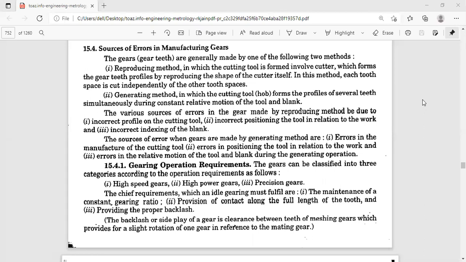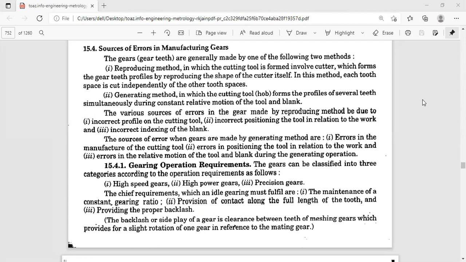And the second one is the error or incorrect positioning of the tool in relation to the work. So as far as the tool is concerned, in the generating method, it is a hob. As far as the reproducing method, it is the involute cutter. So just try to see the differences in the reproducing method and the generating method.